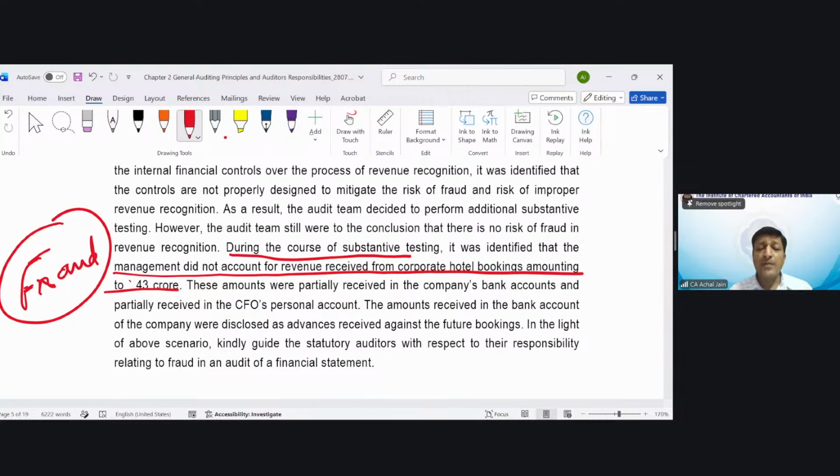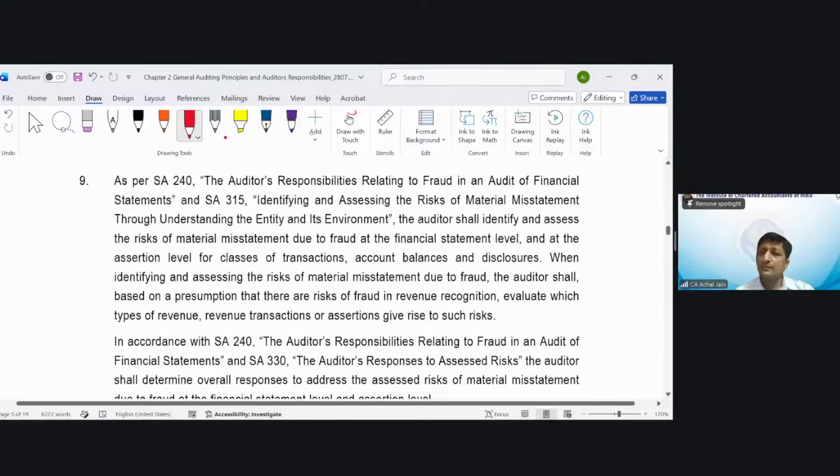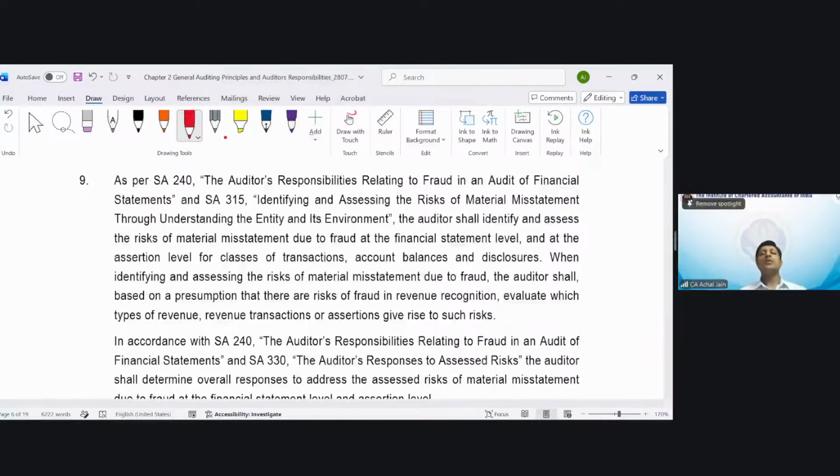In the light of above scenario, kindly guide the statutory auditors with respect to their responsibility relating to fraud in an audit of financial statement. Right? So let's look at this. Now, if you talk about auditors' responsibilities relating to fraud, alongside, if you look at this risk assessment, SA 315.